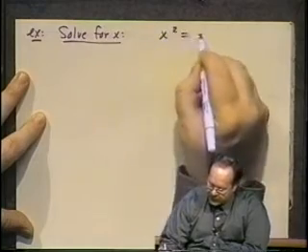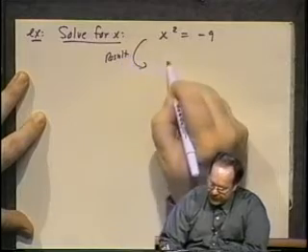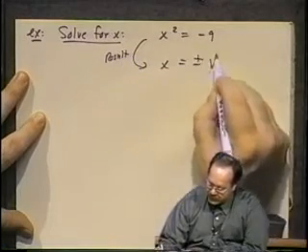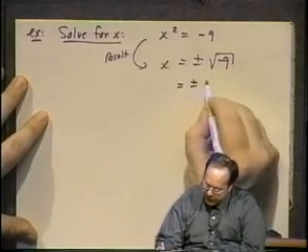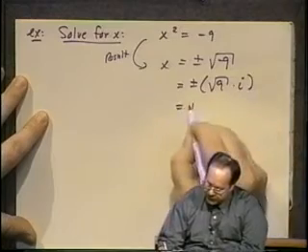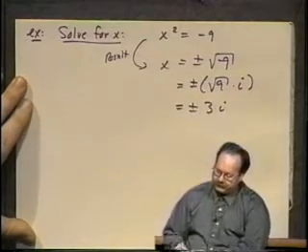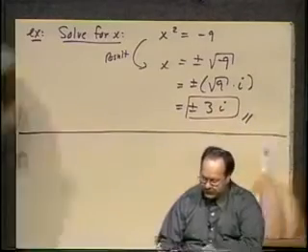If x squared is equal to minus 9, by the result, x is equal to plus or minus the square root of minus 9. And then we use the definition. This is plus or minus the square root of 9 times i. So this is plus or minus 3i. There are the two solutions in that case, which are complex numbers.